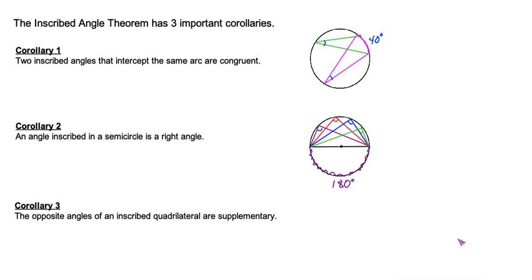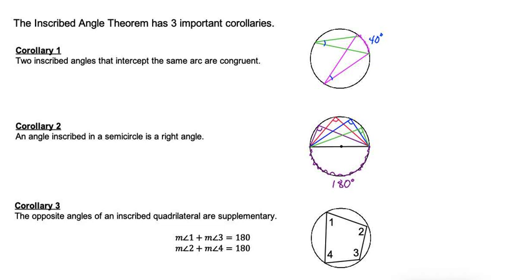Now, those two follow directly from the inscribed angle theorem. Corollary 3 is going to take a little explanation. It says the opposite angles of an inscribed quadrilateral are supplementary. So here I have an illustration of an inscribed quadrilateral. See, every angle of that inscribed quadrilateral is an inscribed angle.